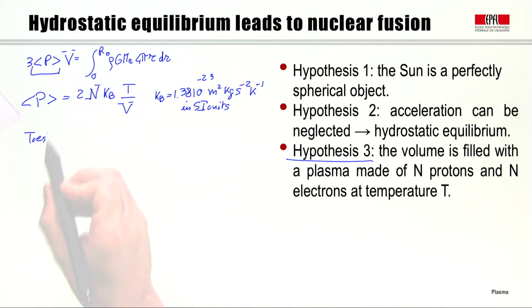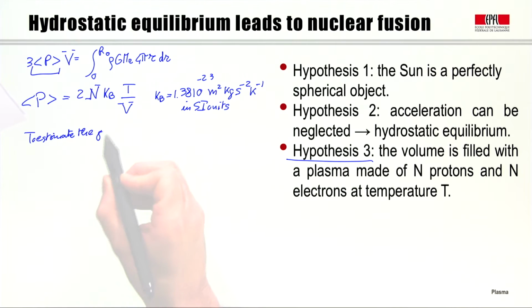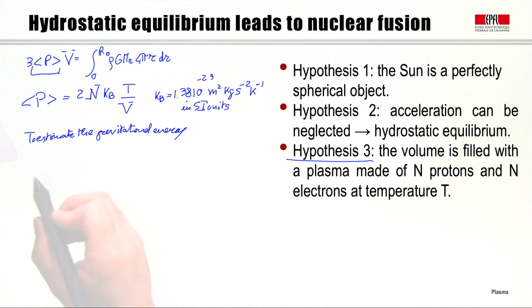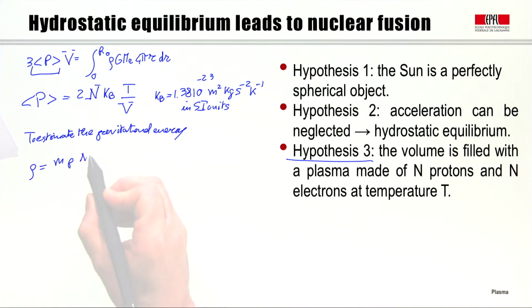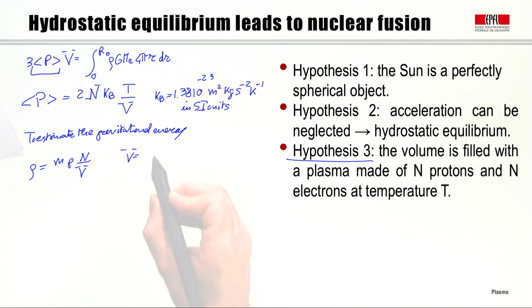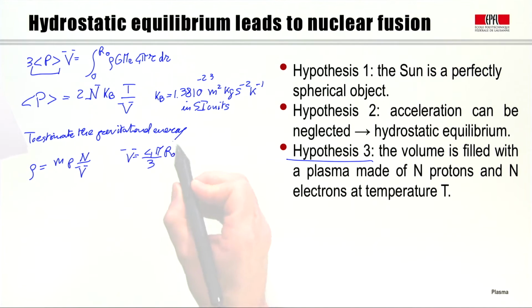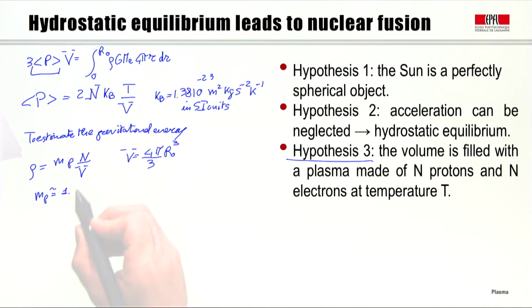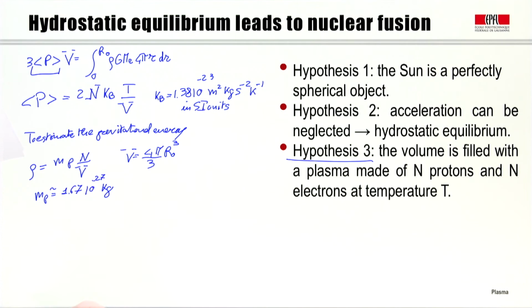Let's make the following approximation, that the mass density is a constant, and we can therefore write it in the following form, where n is the total number of protons inside the Sun, V is the total volume of the Sun, and mp is the mass of a proton, which has the following value in SI units.